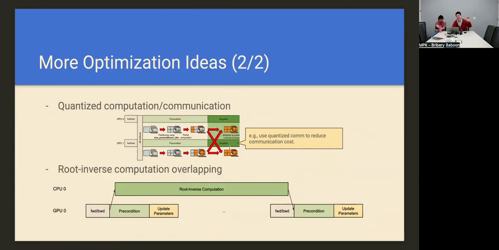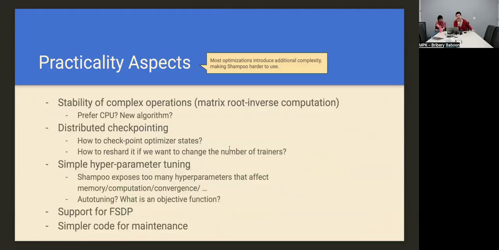We can consider many, many things, but practicality aspects, of course, stability of complex operation is needed, and we definitely need distributed checkpointing to run it in production. Also, after introducing those optimizations, it exposes so many hyperparameters that machine learning engineers can't understand. So that's really the problem. It gets more complex.